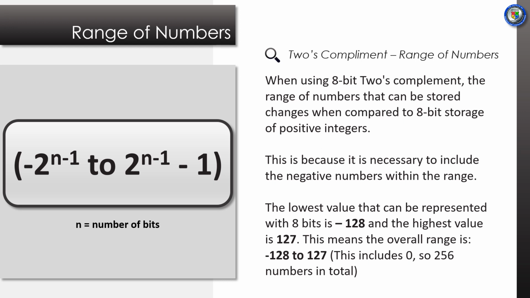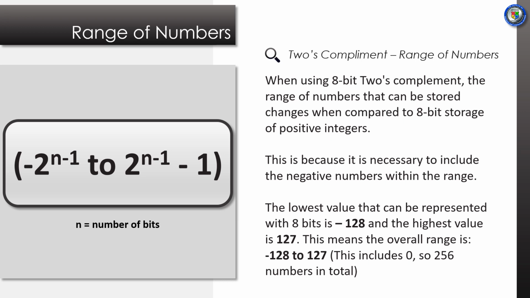The lowest value that can be represented with 8 bits is negative 128, and the highest value is 127. This means the overall range is negative 128 to 127. This does include 0, so 256 numbers in total.